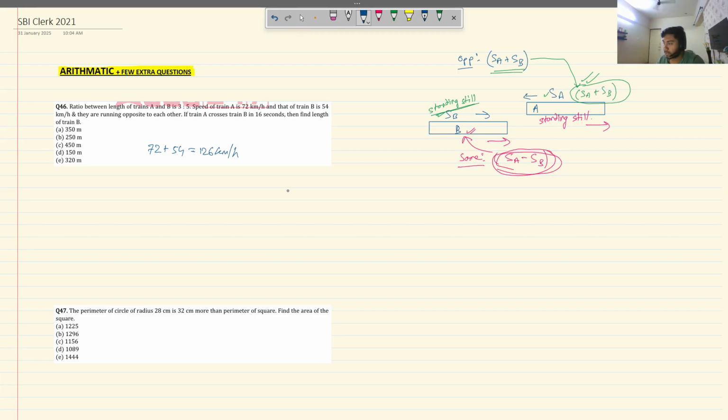So let's say this is my train B, and this is the front part where the driver is driving the train going in this direction.